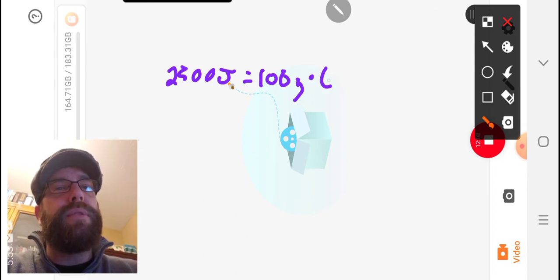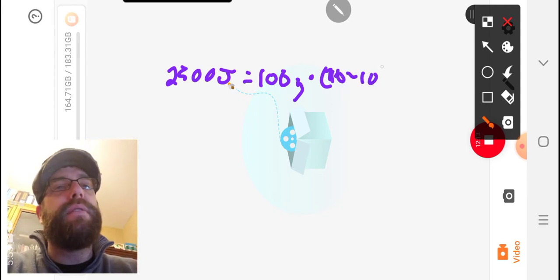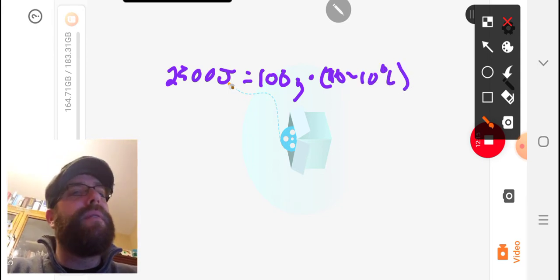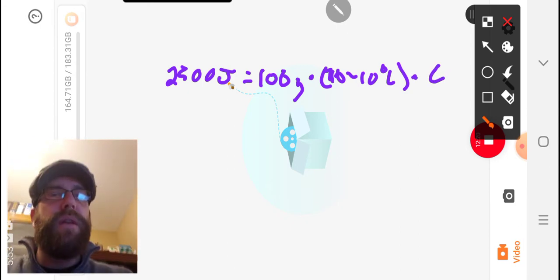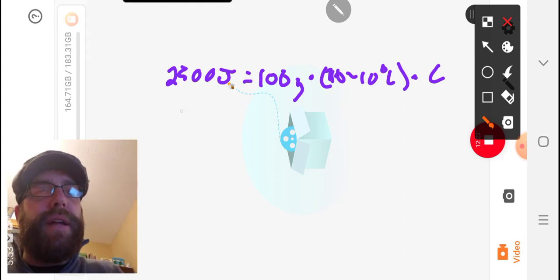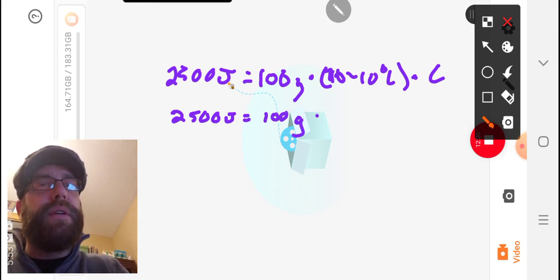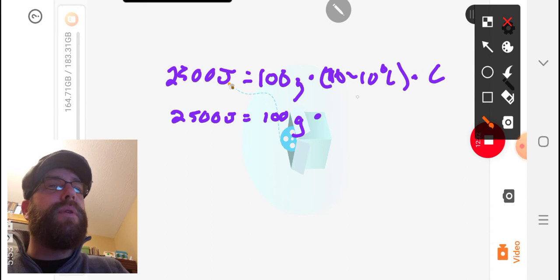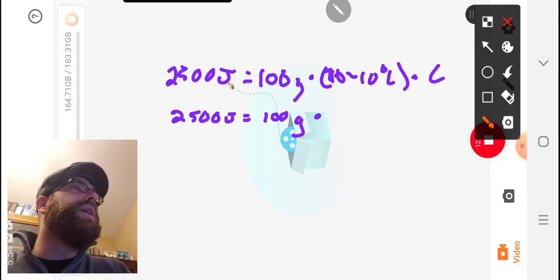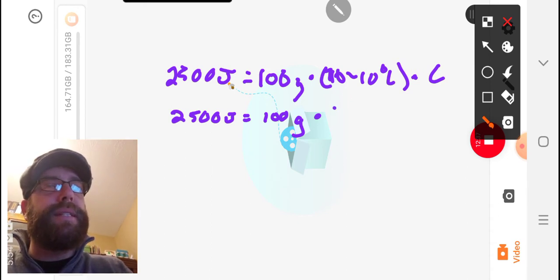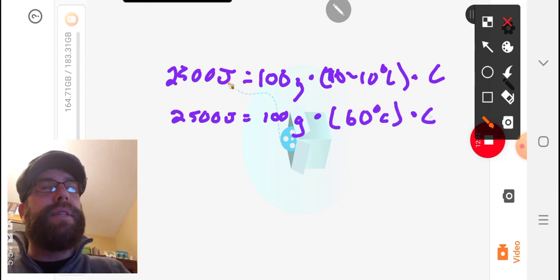So 2,500 joules is equal to 100 grams times 70 minus 10 degrees Celsius times the specific heat. To simplify that, we're going from 10 to 70, so we're going up by 60 degrees Celsius, times C.